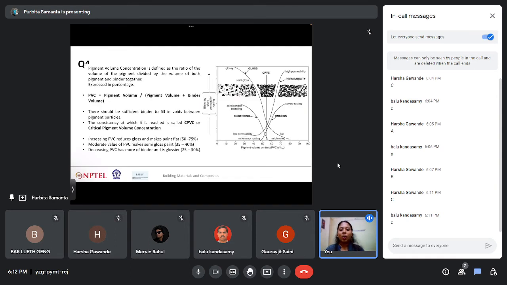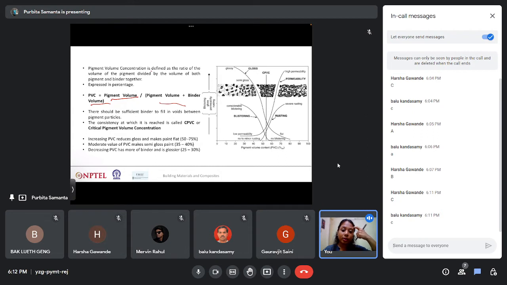So when we talk about PVC, or pigment volume concentration, you can see from this particular slide that it is basically the ratio of the volume of the pigment divided by the pigment volume and the binder volume. So this is what PVC is all about.